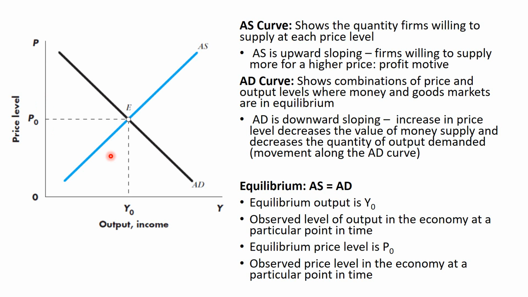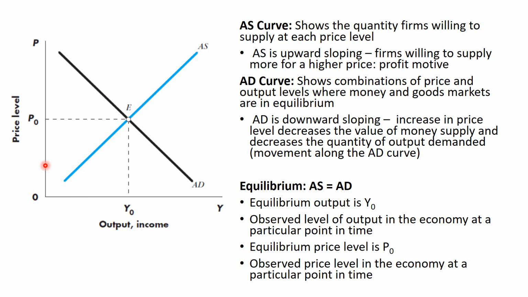In the price and output space, we have two different lines or curves drawn in, and we'll start with the black line, which is aggregate demand. The aggregate demand curve is negatively sloped. It suggests that when prices in the economy are high, the quantity of output demanded is going to be low.